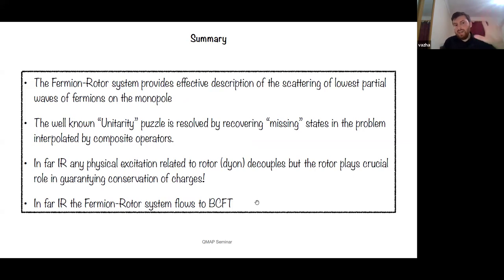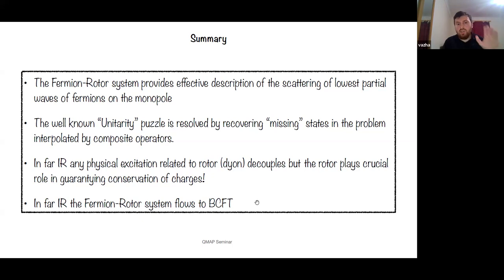So even though in the IR, any physical excitation related to the rotor or any dionic excitations decouple, the rotor still plays a very important role, because introducing it in the Lagrangian guarantees conservation of U(1)_M charge, and this forces the rotor to play the role of a twist operator in the far IR, and this makes scattering consistent.